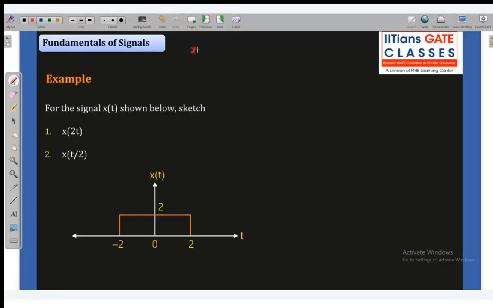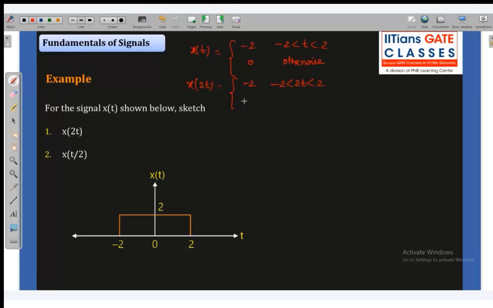I told you that x of t is 2 for -2 to 2, it is 0 otherwise. So x of 2t, again what you will do, replace the t by 2t.